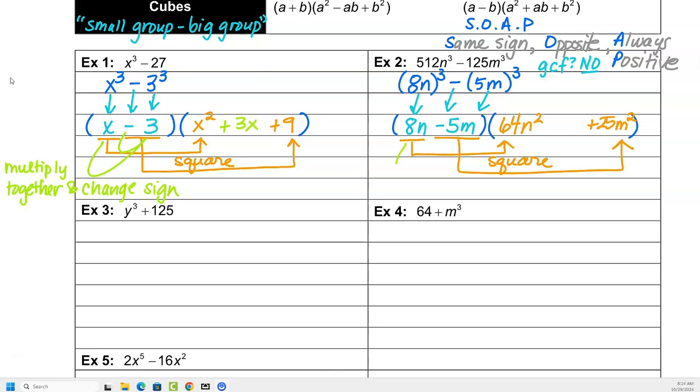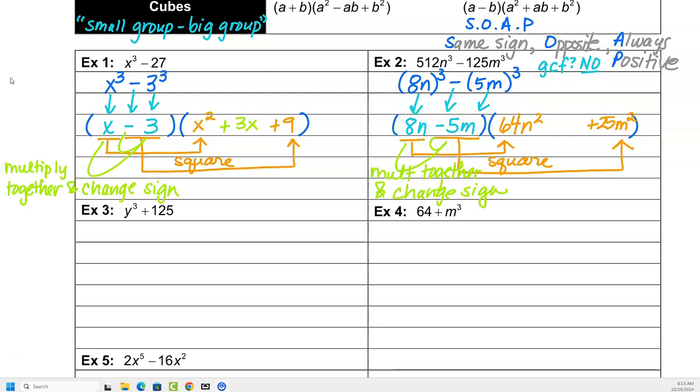Now I have to multiply these two together and change the sign. So I'll say here, multiply together and change the sign. So what is 8n times negative 5m? Well, what's 8 times negative 5?